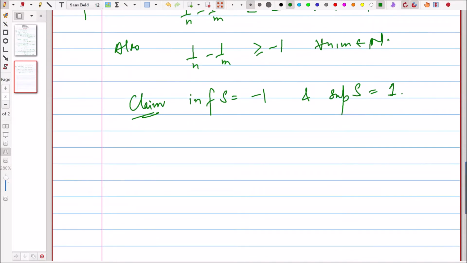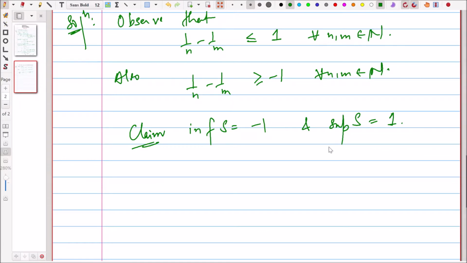So we will use the epsilon criteria. So we have already observed, so first we will show that supremum of S is equal to 1.